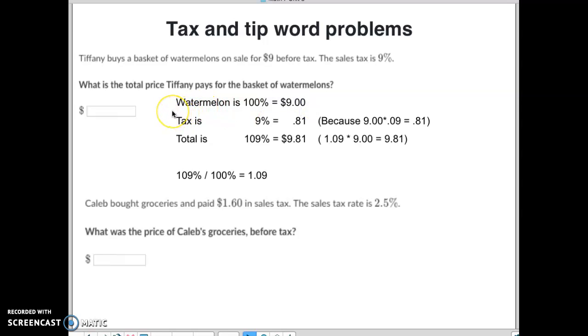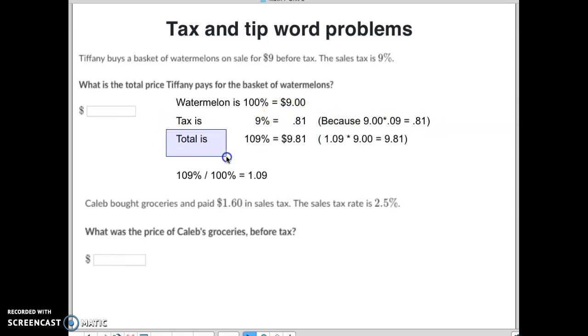Then we add on sales tax, which is 9% more than what you paid. If I take 9% times the $9, it equals 81 cents.